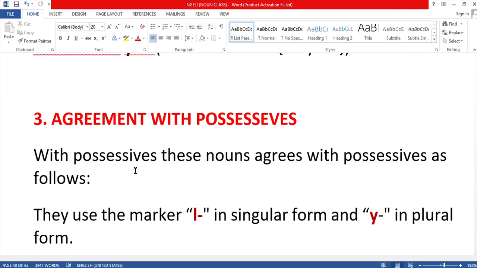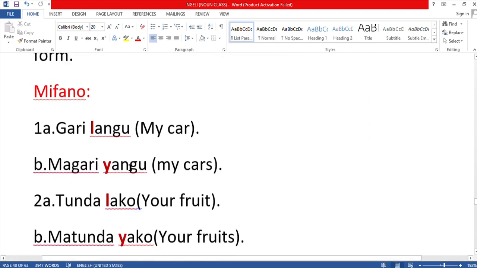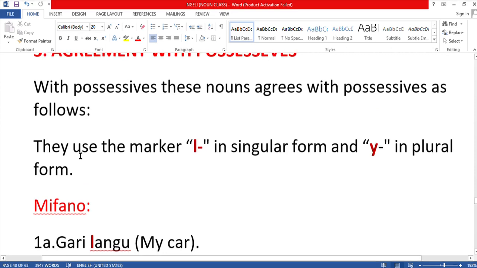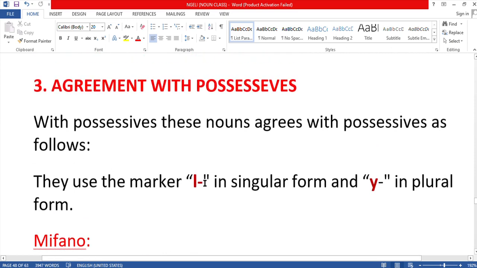Not something that you possess, but the words that are used to show possession of something. Okay, it's actually 2:41 a.m. here. I'm recording this video. Now I said they use the marker L in singular form and Y in plural form.